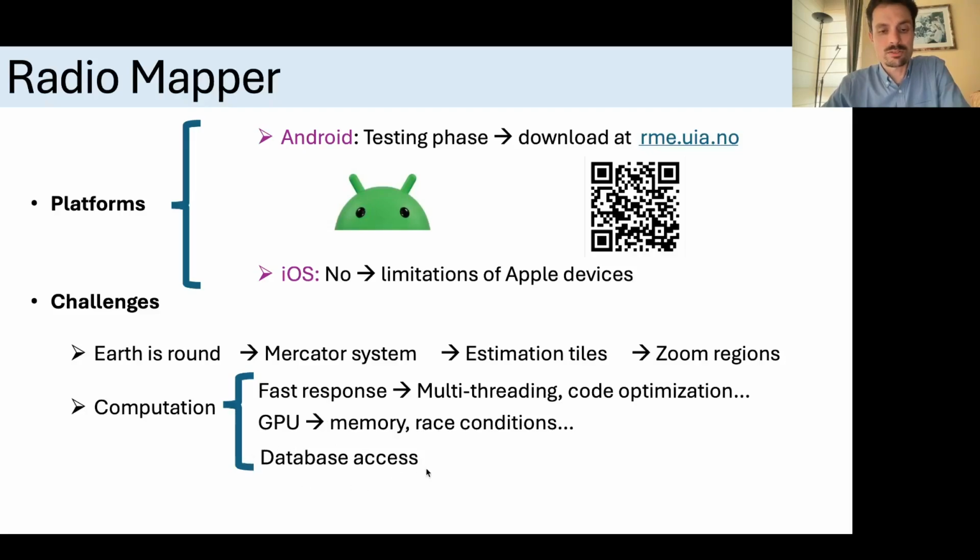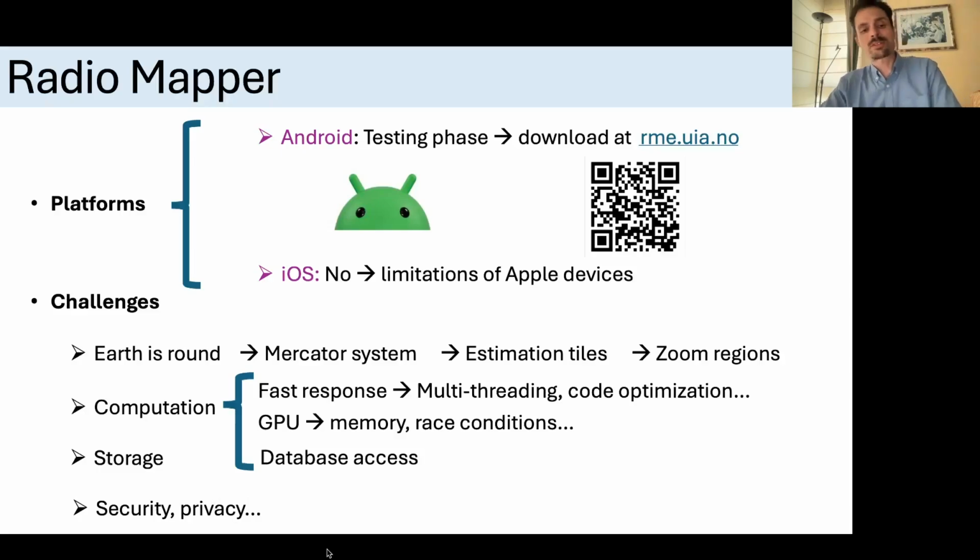There are also issues with the database. One needs to minimize the number of queries and things like that. There are additional challenges with storage, security, privacy, and so on. So one, of course, needs to expect quite a significant amount of time for developing a system of this kind.